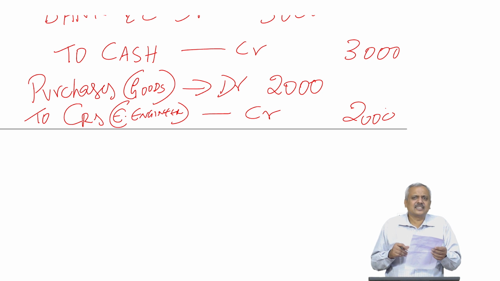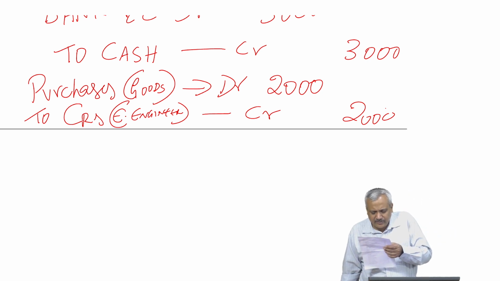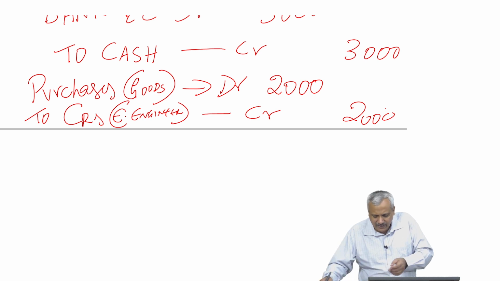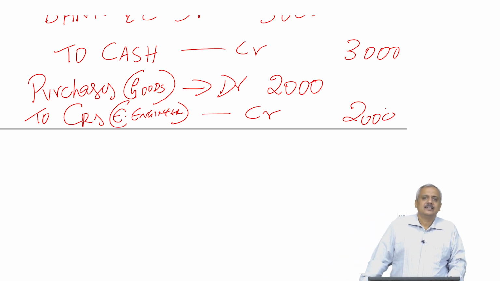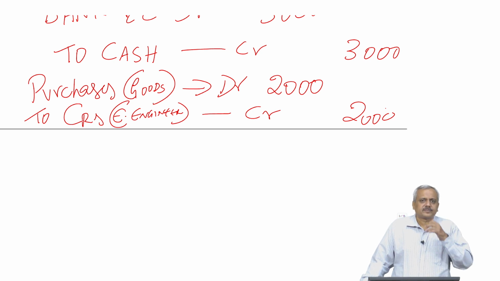The next transaction says: sold goods to V. Raghavan for cash, rupees 700. The moment there is a sale, goods are leaving your company, that is, an asset is getting out of your company. Am I with you on this? The principle is debit what comes in, credit what goes out.